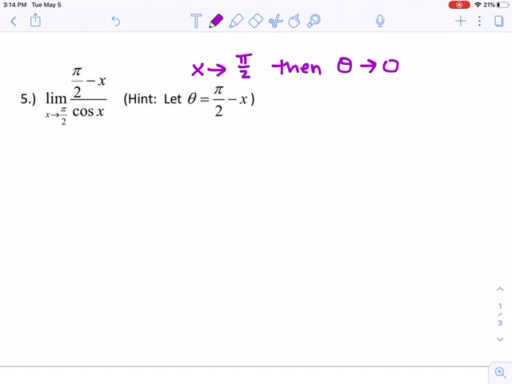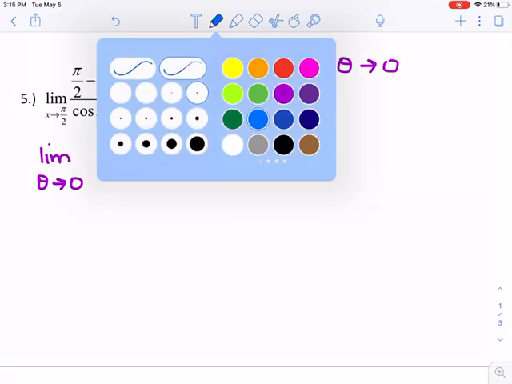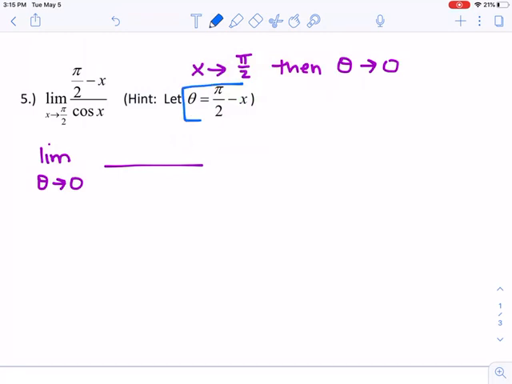So if I go ahead and rewrite this limit in terms of theta, I want to find the limit as theta approaches 0 of what? Well, if theta is equal to pi over 2 minus x, and I solve my hint here for x and get x alone, then I can rewrite this as x is equal to pi over 2 minus theta. So now I can replace the x's with pi over 2 minus theta.